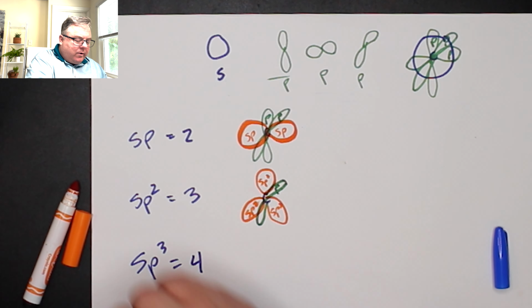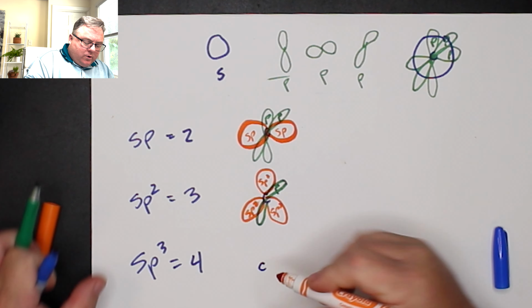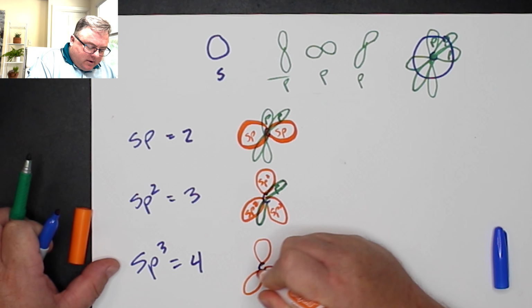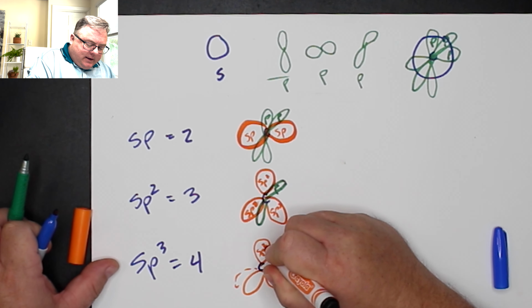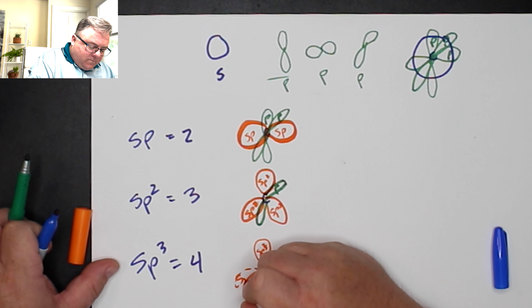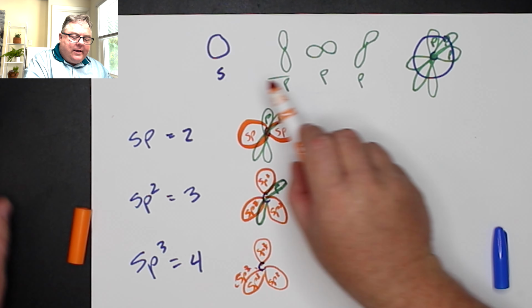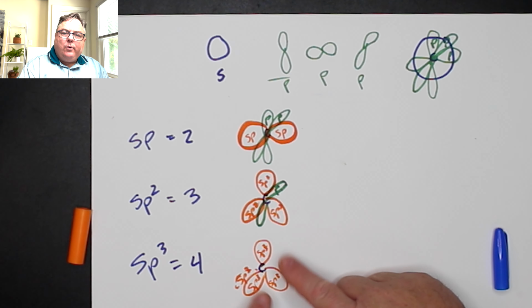If I mix all 4 of them together on my carbon atom, I get 4 lobes of sp3 hybrid orbitals. And they would form a tetrahedral kind of shape. And each of these is an sp3. And if I mix an s with all 3 p's, of course, since I mixed them all in, there are no green unhybridized p orbitals left.